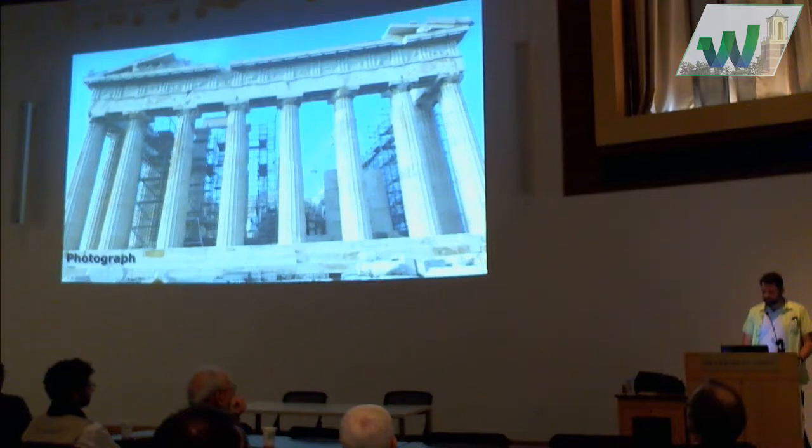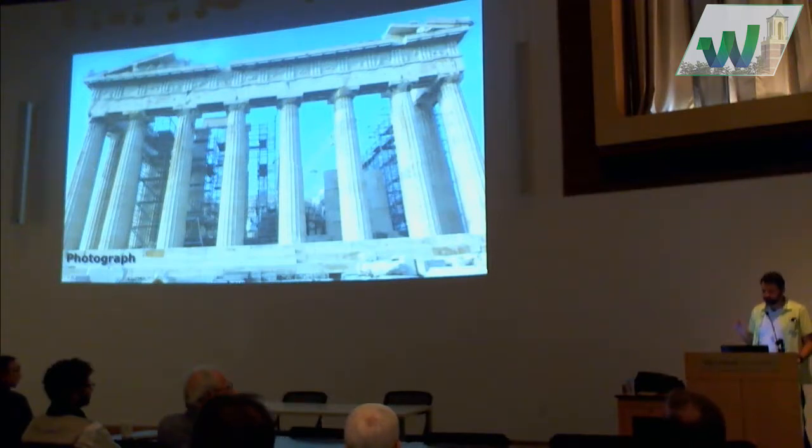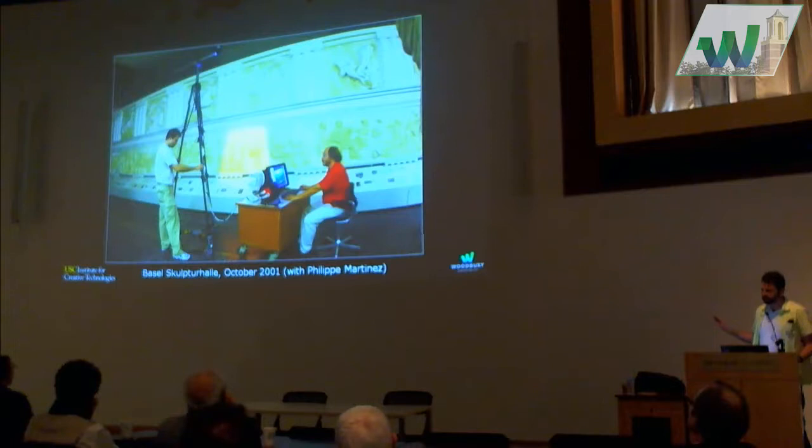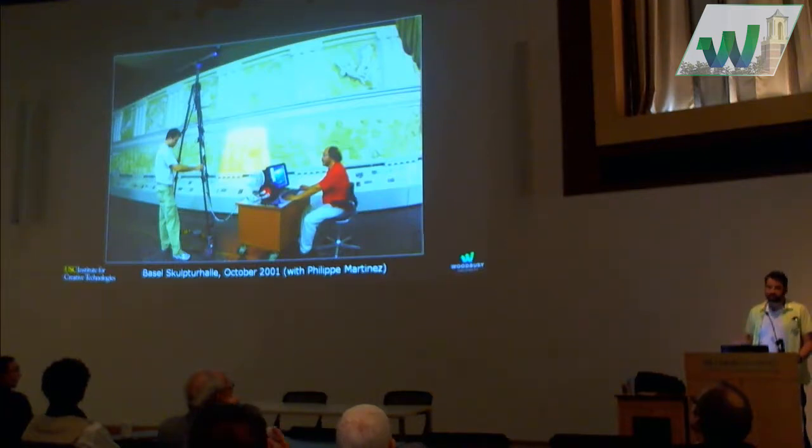And what we realized is it would be really great if there's just sort of one-stop shopping for getting the 3D scans of all the sculptures. And there's a museum in Basel, Switzerland called the Basel Sculpture Hall, which among many of its great classical works has high-quality plaster casts of every single sculpture of the Parthenon. Most of these were taken from molds that were done in the 1700s or 1800s.